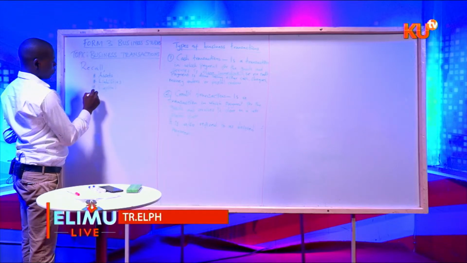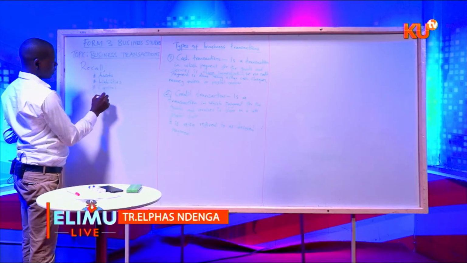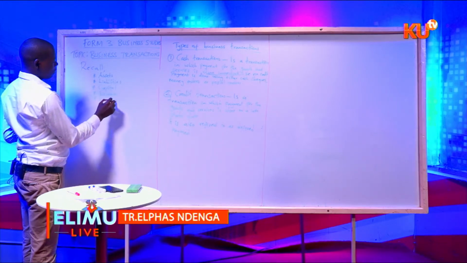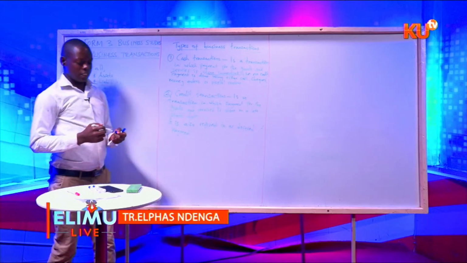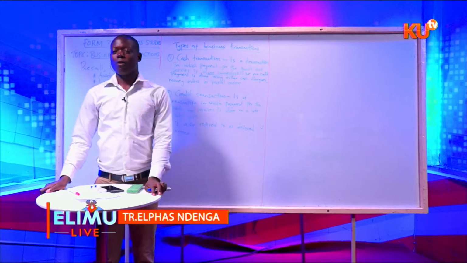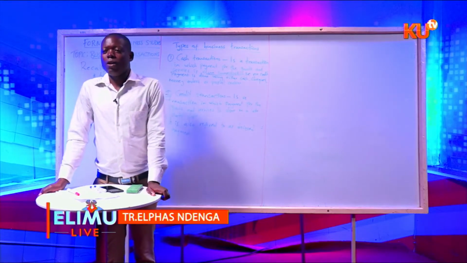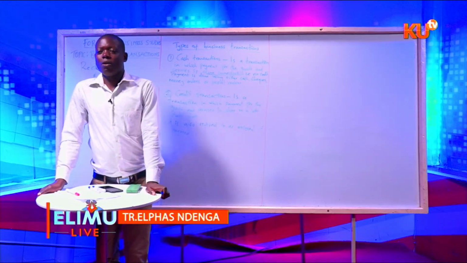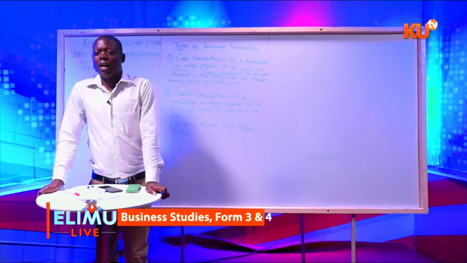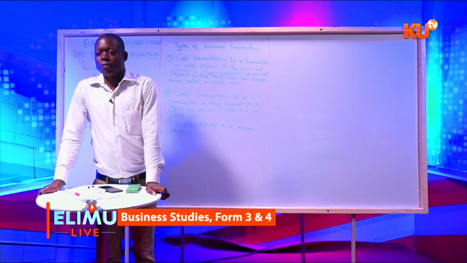Number four, expenses. And number five, revenues. These are the 5 terms that we discussed in our previous lesson on the net worth of a business. Now, why do we need to know these terms? It's because at this stage, we are going to engage the third term, which is capital.